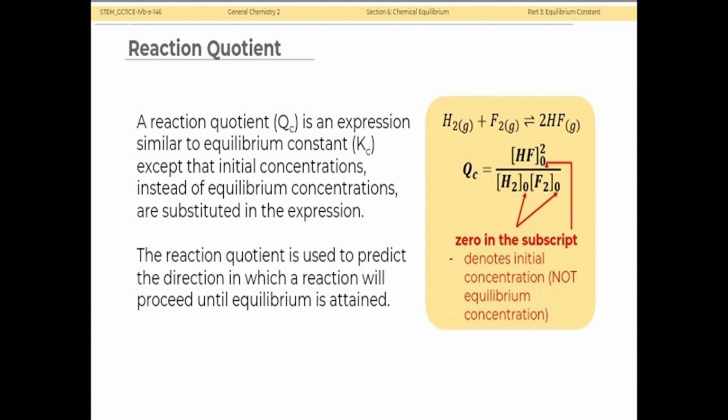For distinction, there is a 0 in the subscript on the symbol for concentration to denote that this is the initial concentration. The reaction quotient is used to predict the direction in which a reaction will proceed until equilibrium is attained. Details will be discussed in another lesson.